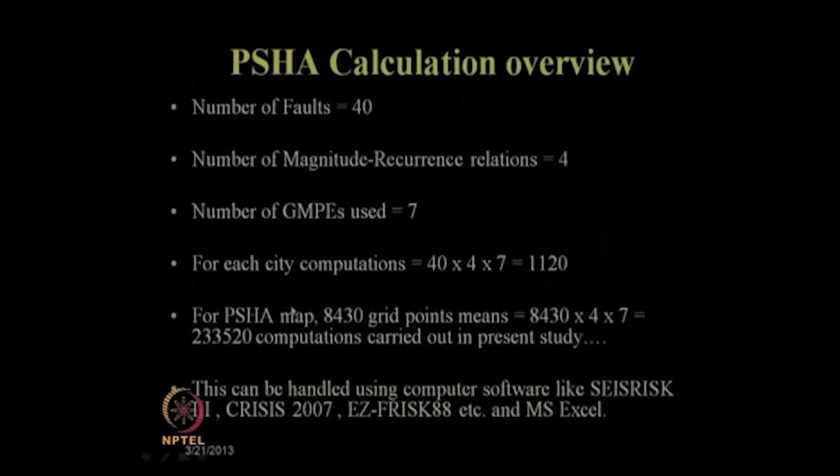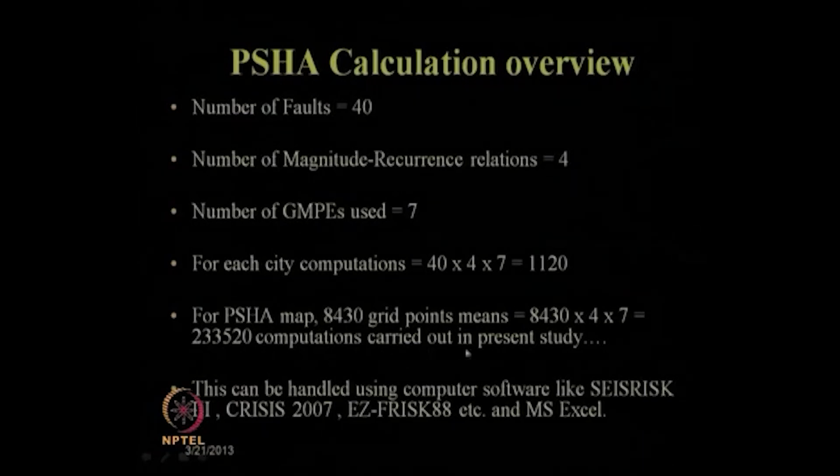So, to create the PSHA map with grid points of 8430, that will mean that you have to get the value 8430 times of 4 and 7. Why are we multiplying only this 4 and 7? Because we already mentioned earlier that for the magnitude recurrence relation and the attenuation relation, we are giving independence to these two.